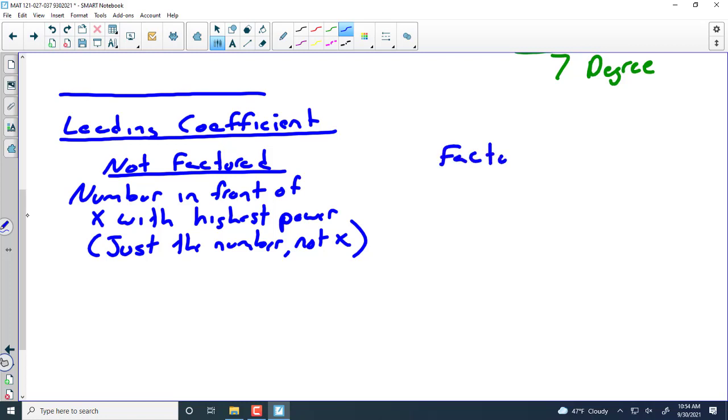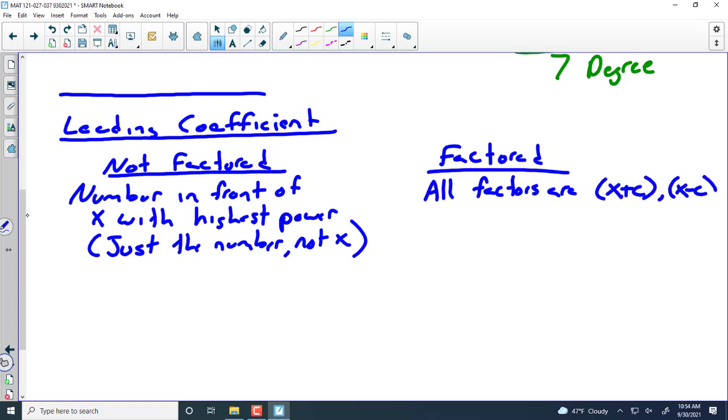and if it's factored, you do need to make sure that all factors are x plus c, x minus c, or x, and it will be the number in front of parentheses.